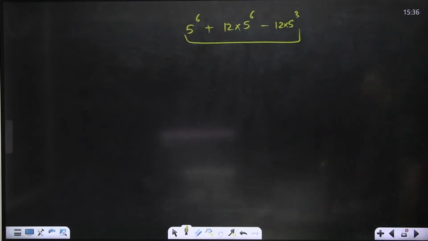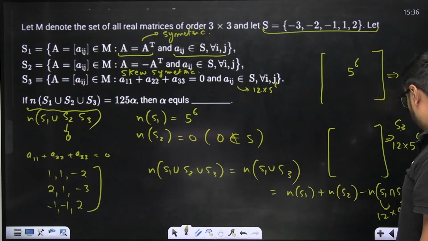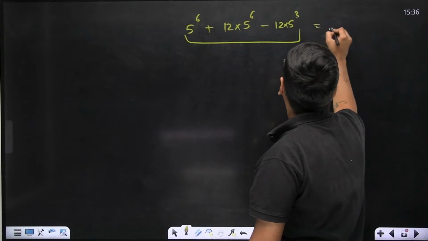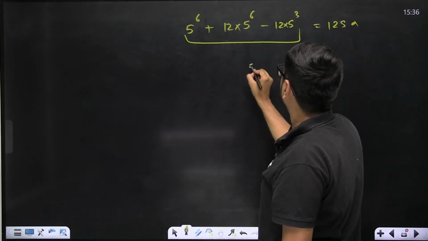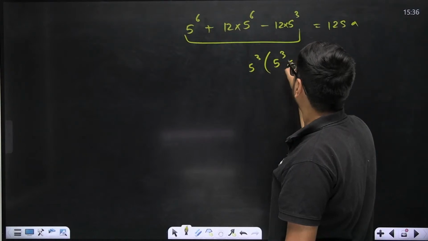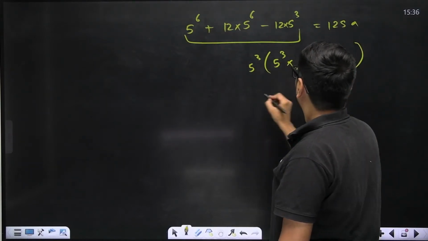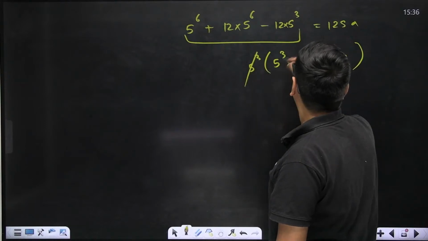Okay. So take 5 to the power 3 common. What was the question? This was equal to 125 alpha. So 5 to the power 3 you can take common. This will become 5 to the power 3, this will become 12 into 5 to the power 3, and this will become minus 12. So 125 got cancelled.